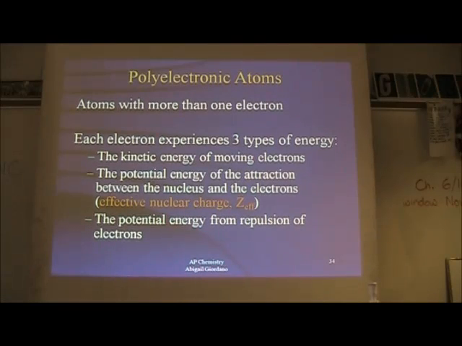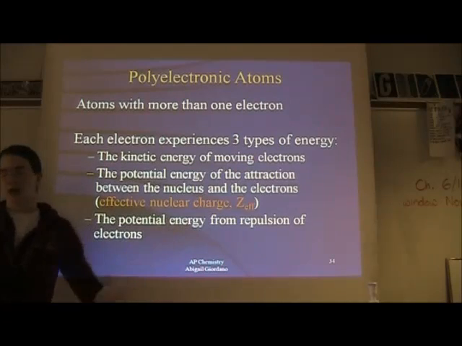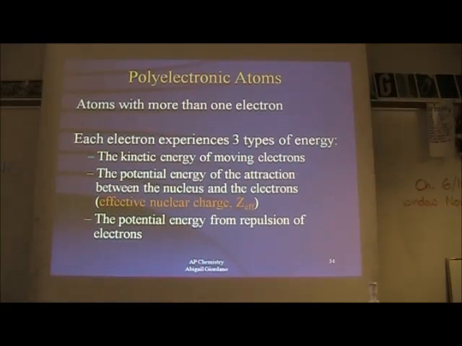So if electrons are attracted to the nucleus very strongly because of this effective nuclear charge, how come atoms don't just collapse on themselves? If the electrons on the outside are so attracted to the thing in the middle, why don't atoms just implode?